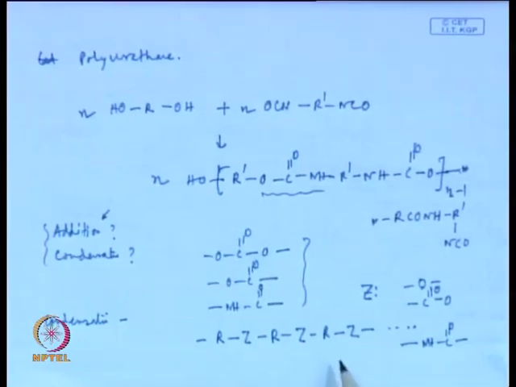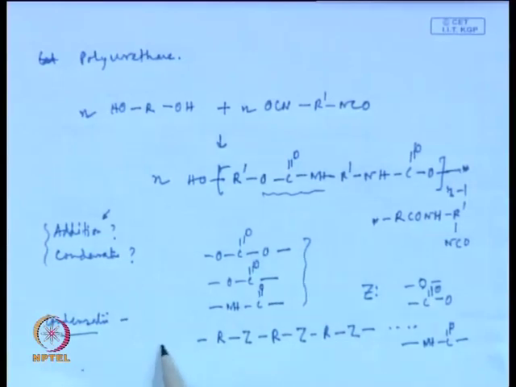Okay. So, the original definition, where addition polymers were made from addition reaction and condensation polymers were synthesized from the monomers by condensation reaction, got modified, and now condensation polymers are those where the polymer contains a functional group in the backbone.